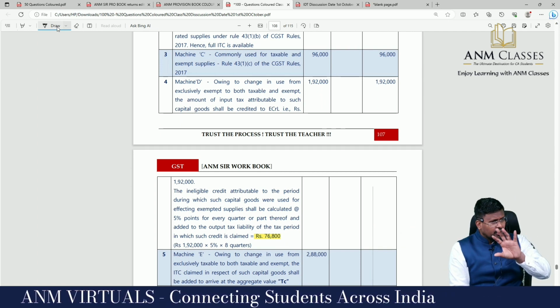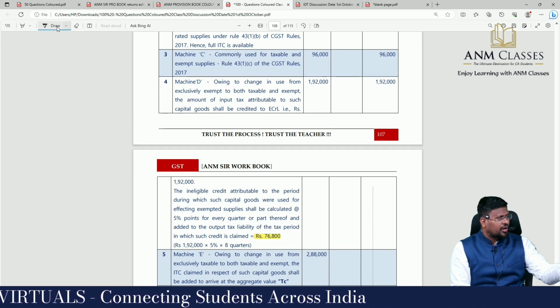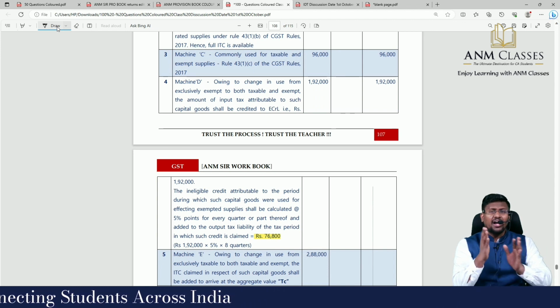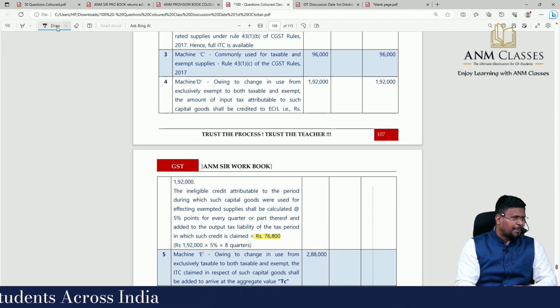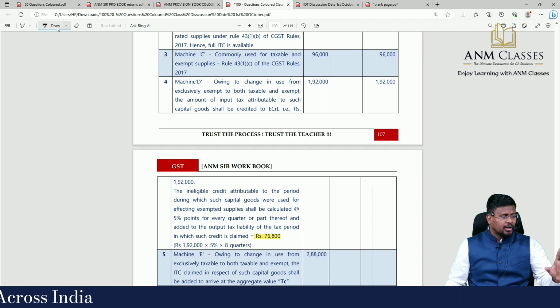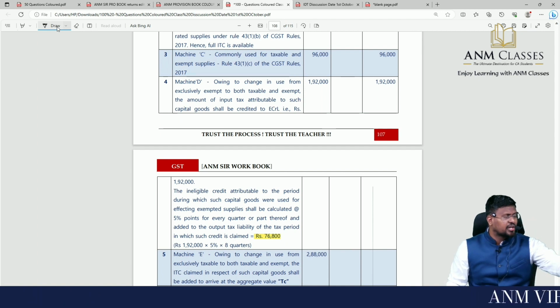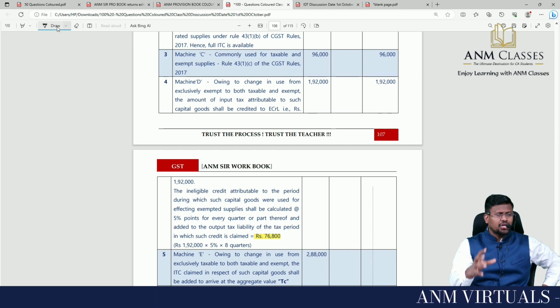But when we bring the ITC to the electronic credit ledger, we cannot bring only half the ITC like that. In one bill, GSTR 2A will reflect the entire 1,92,000. How can we bring only a portion of it?